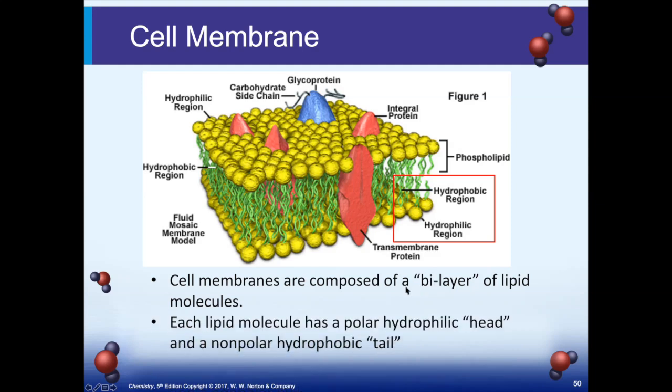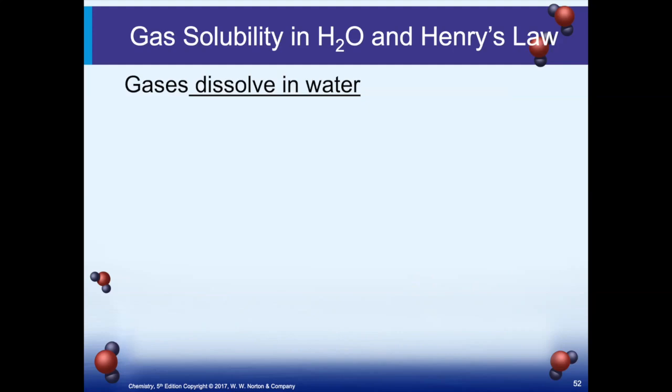All right. And so the head points towards the aqueous solution, either inside the cell, the cytoplasm, or outside the cell, whether it's blood or some sort of fluid. Okay, it's an aqueous solution. All right, so a cell membrane is another important application of this idea, how you have to take into account all of the intermolecular forces to really explain the behavior of the molecule in terms of solubility.